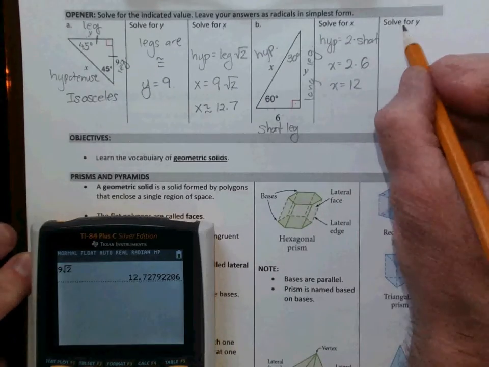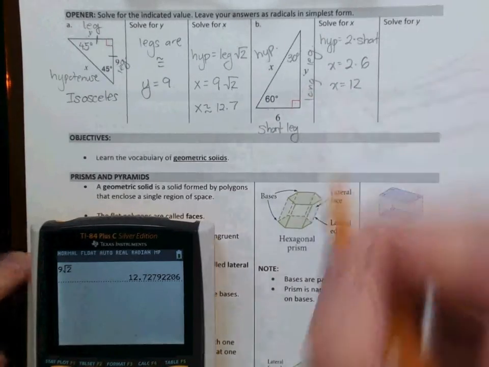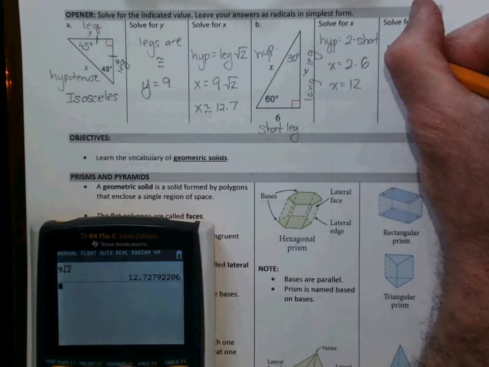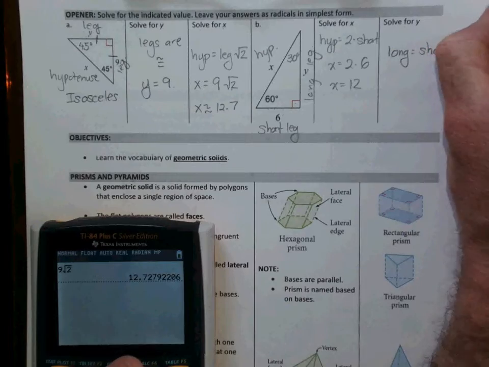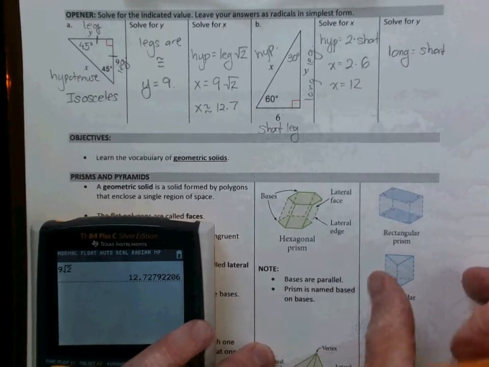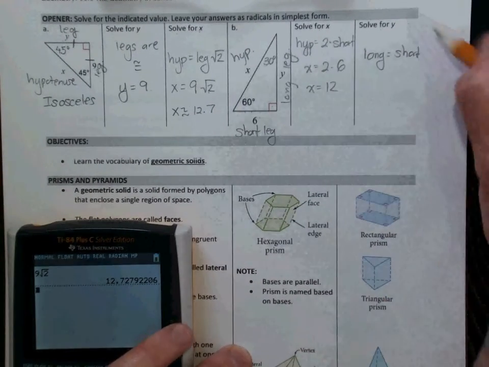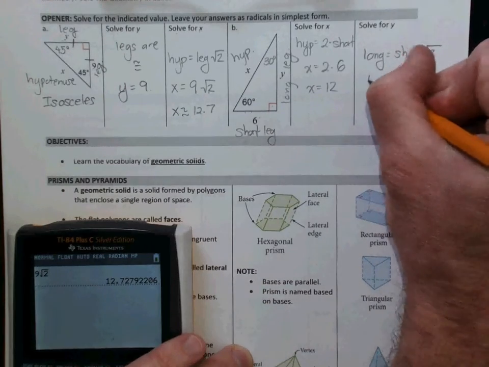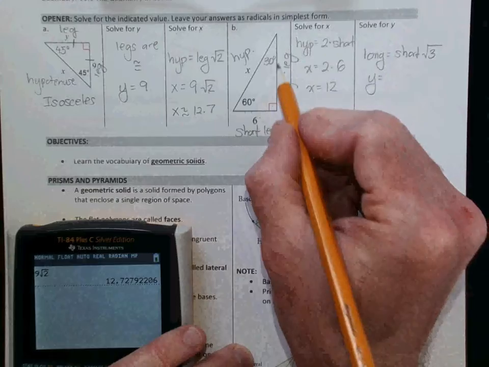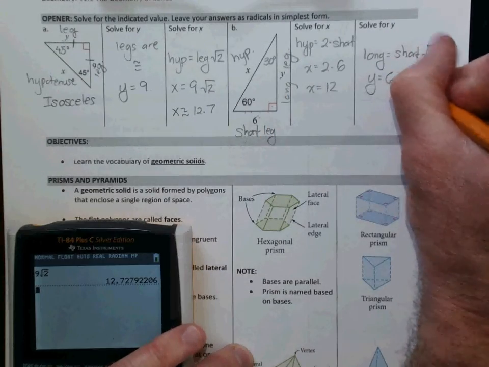And y, which is the long leg, the formula is the long leg is equal to the short leg times the square root of 3. So the long leg, y, is equal to the short leg, 6, square root of 3.